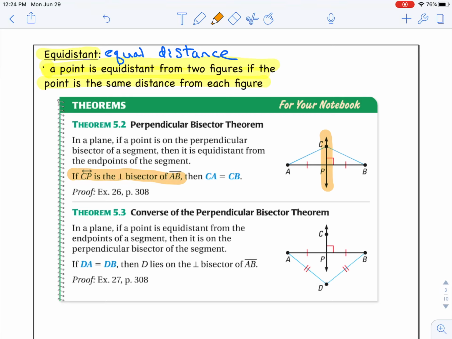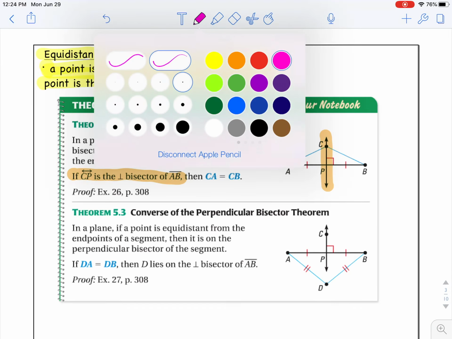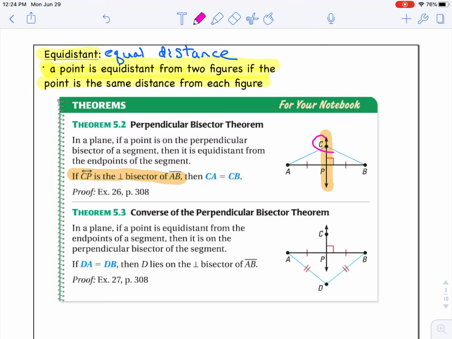And if that's the case, we can see that point C is on the perpendicular bisector. So point C right here is on the perpendicular bisector. What that means is that CA will be equal distance, or equidistant, to each of the endpoints of the segment AB.